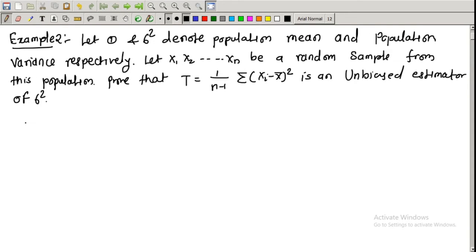Okay, example number 2 is: let theta and sigma square denote population mean and population variance respectively. Let x1, x2, up to xn be a random sample from this population. Then prove that t is equal to 1 upon n minus 1 summation of xi minus x bar whole square is an unbiased estimator of sigma square.